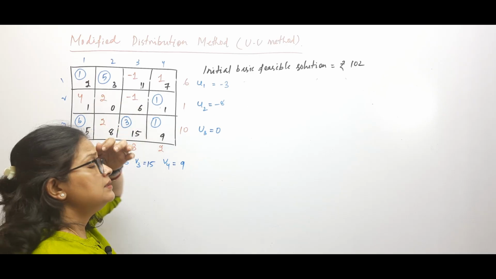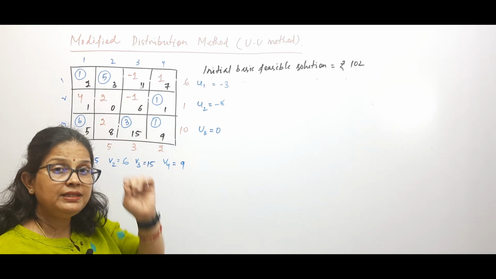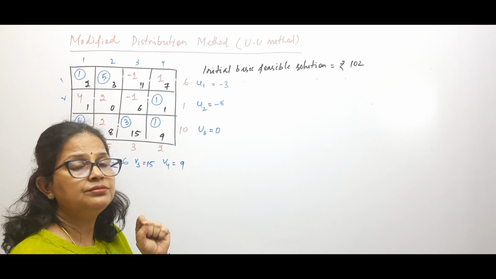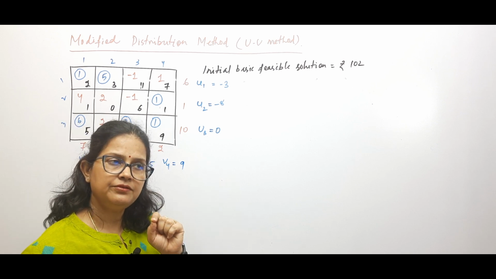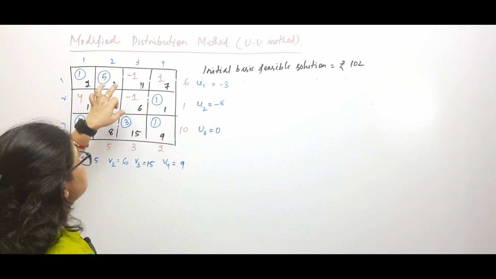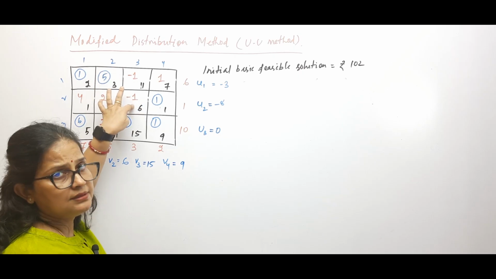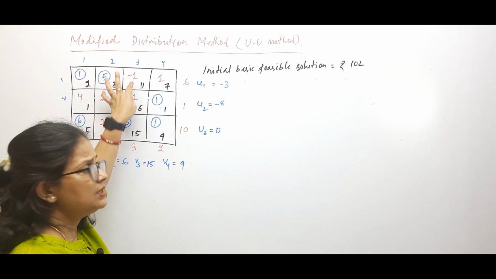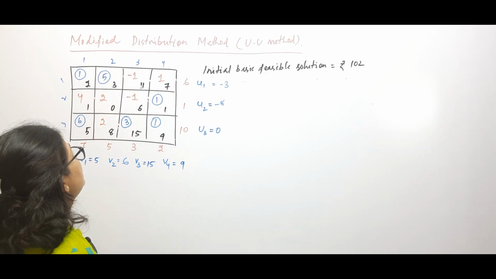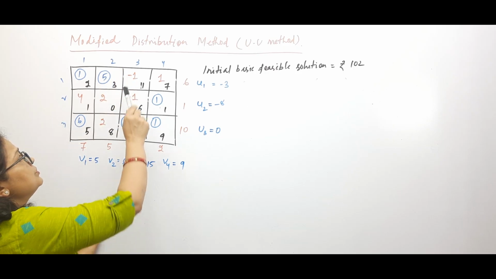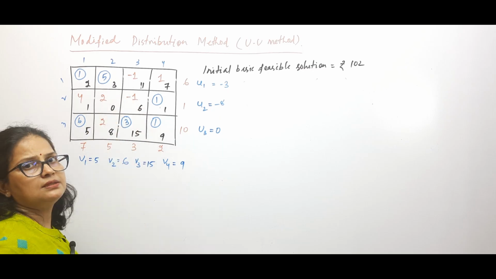As we are getting negatives, we identify the most negative value. Here we have a tie, minus 1 and minus 1. We need to draw a closed path here.